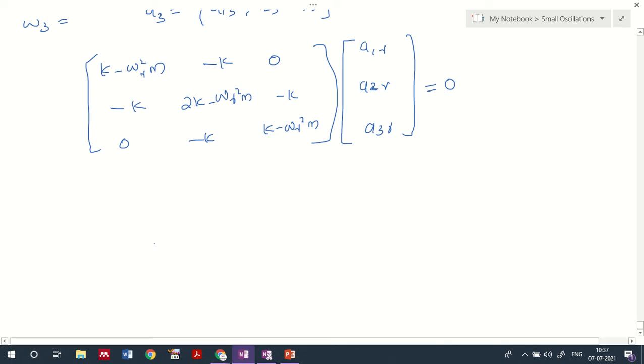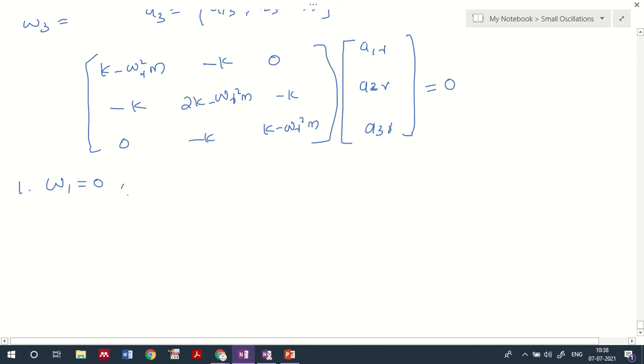For that, I'll take a representation like this. We'll take the first normal frequency. The first normal frequency was omega 1 equal to 0.